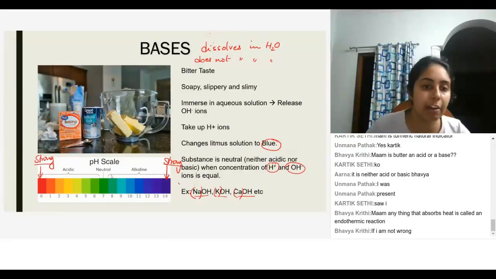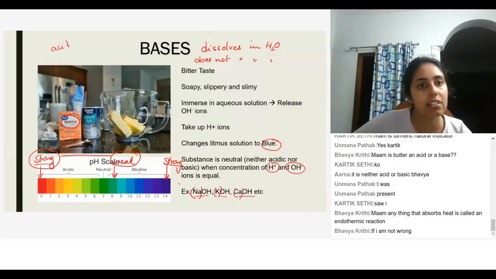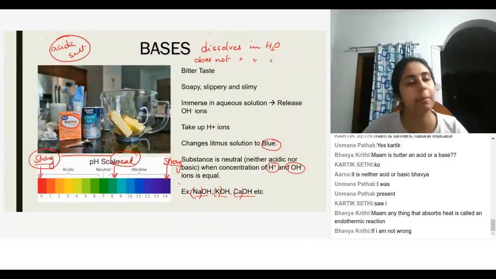Now, if I take a weak base, for example, something over here, this weak base plus this strong acid will combine to form an acidic salt. This salt will not be a strongly acidic salt. It will be weak, but slightly acidic in nature.